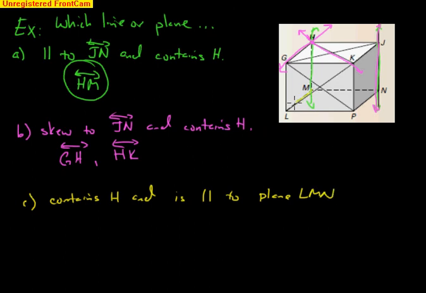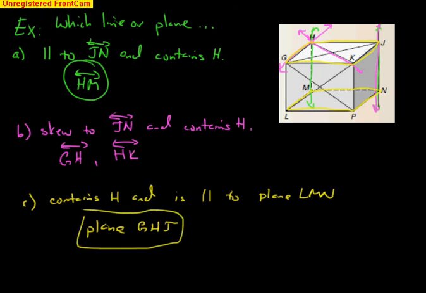It's this bottom plane right here. So the question is, which plane is also parallel to that? Well, if you look up here, it's going to be the opposite face of this box, this top, containing H and parallel to LMN. We can name this plane by any of those three letters on the corners, but I'll call it GHJ. Okay? And there's your plane.